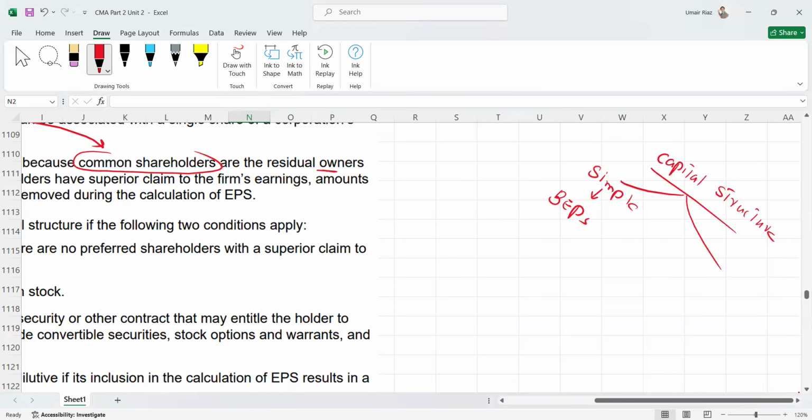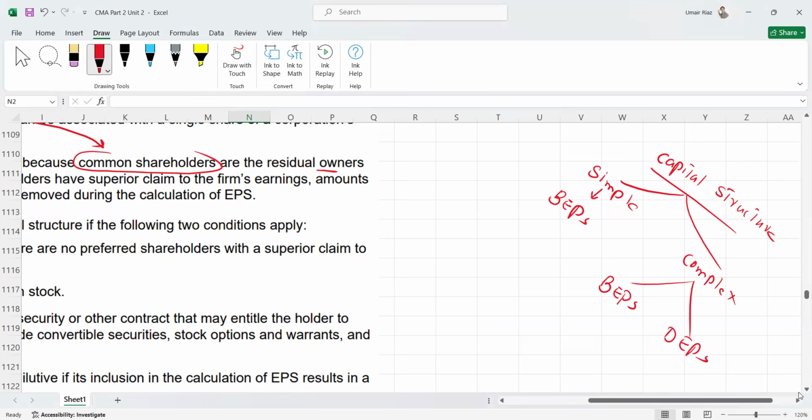But if a company has a complex capital structure, then the company has to report two types of EPS. We have to report basic EPS, and we also need to report diluted EPS. Understood?